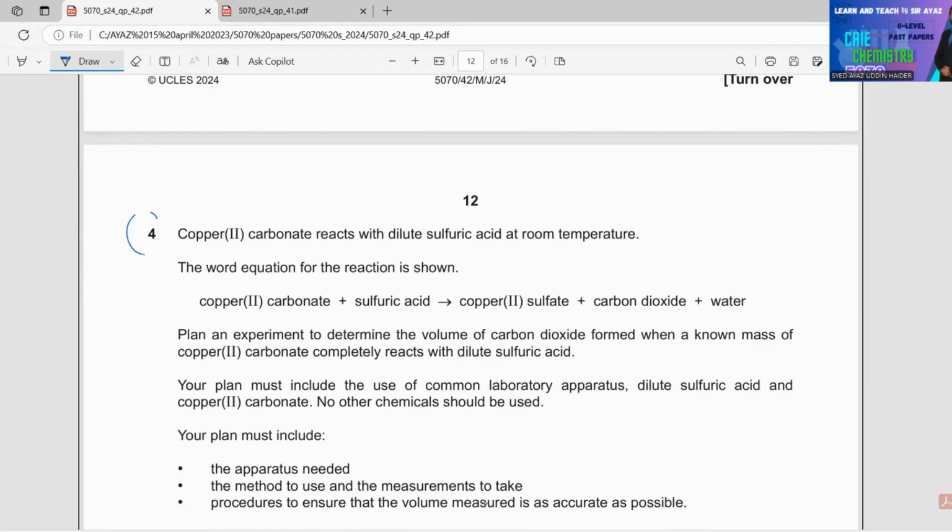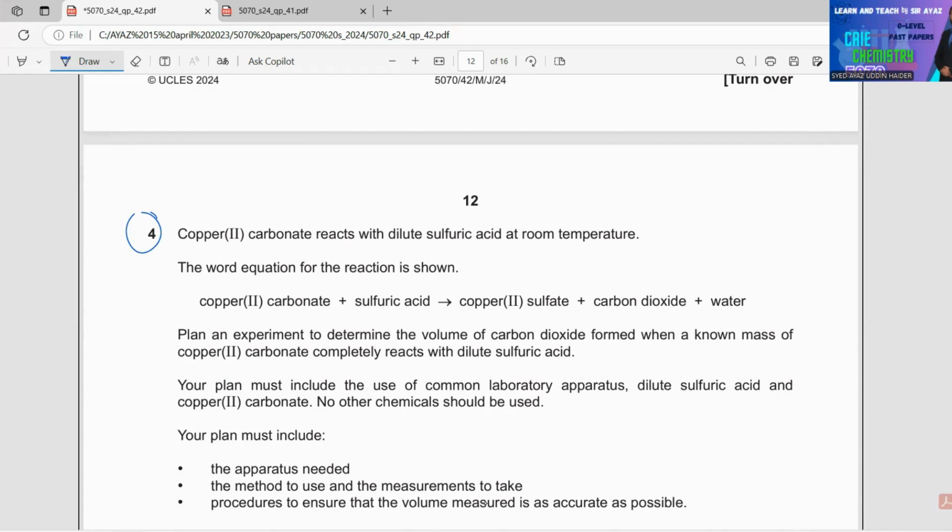Here's question number 4. Copper(II) carbonate reacts with dilute sulfuric acid at room temperature. The word equation for the reaction is shown. Copper(II) carbonate plus sulfuric acid gives copper(II) sulfate plus carbon dioxide plus water. Plan an experiment to determine the volume of carbon dioxide formed when a known mass of copper(II) carbonate completely reacts with dilute sulfuric acid.